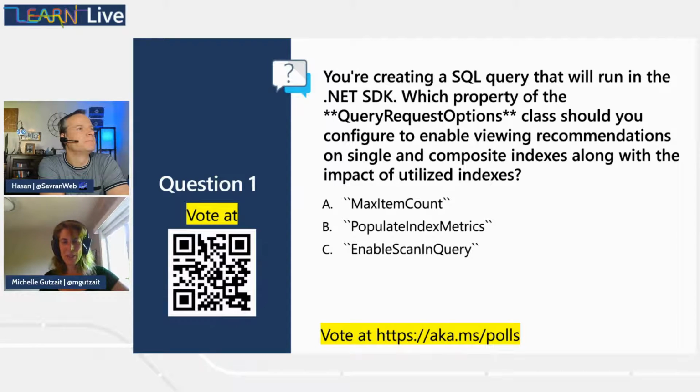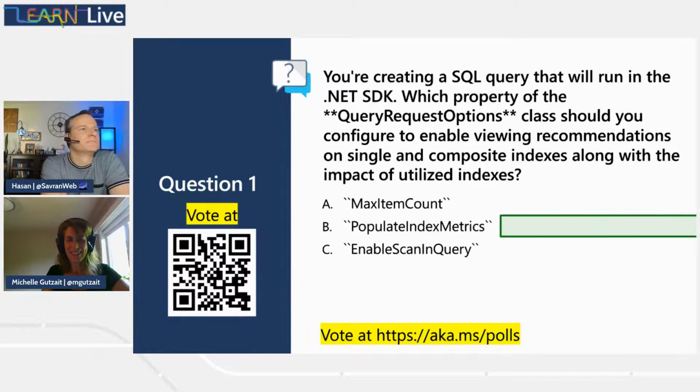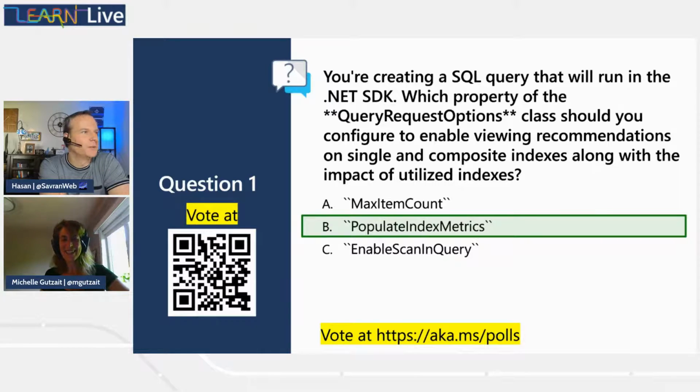I don't think so, because we already said that this is the number of results that we're going to see in a chunk when you're hitting Cosmos DB. So I think it's going to be B. Let's check. All right. Yes, you are right.